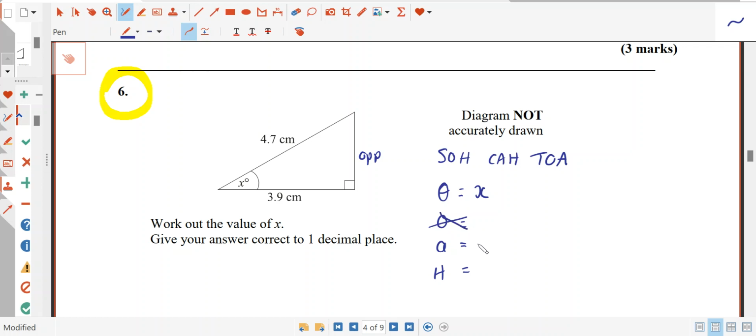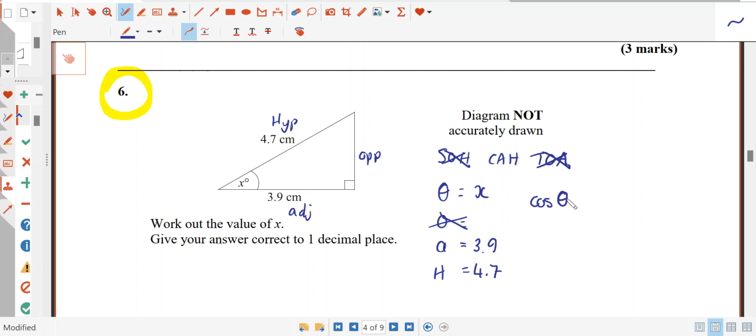Adjacent is 3.9, and then hypotenuse is 4.7. So we're using no opposite.